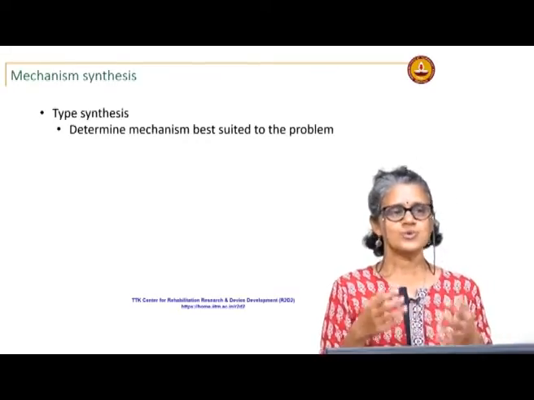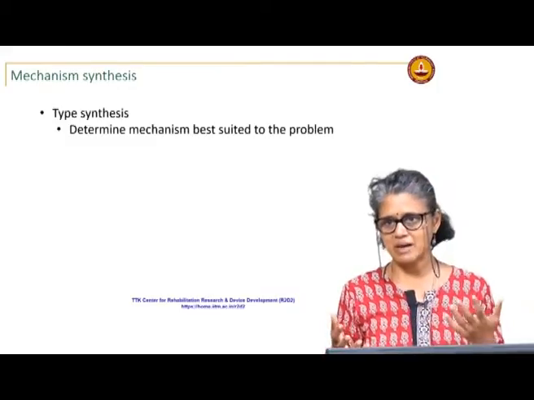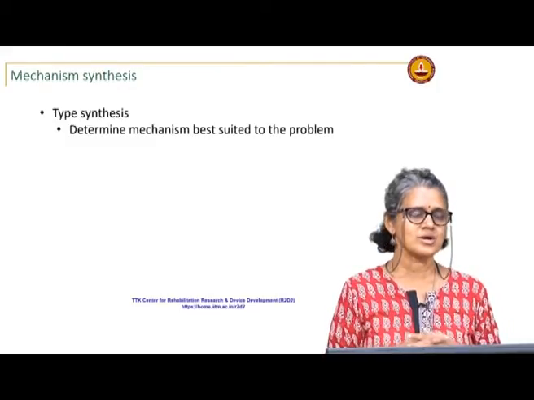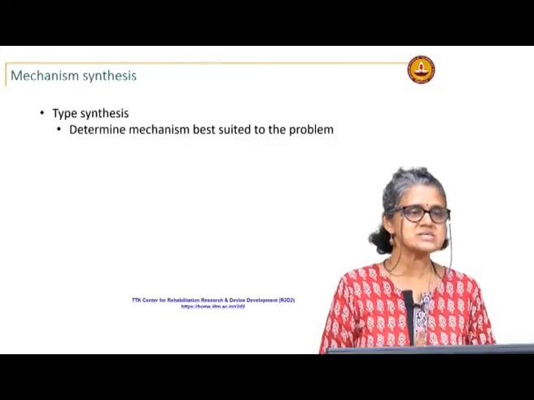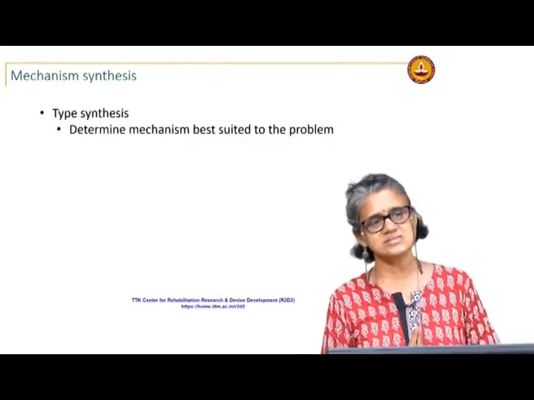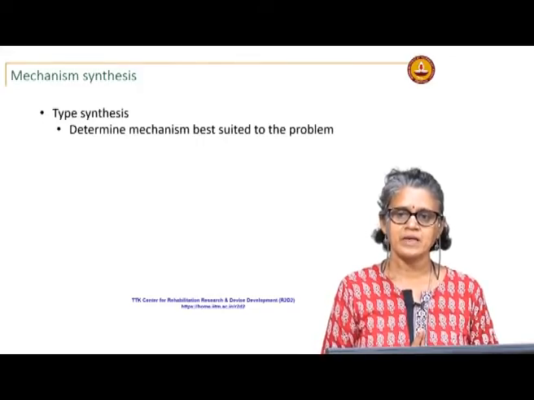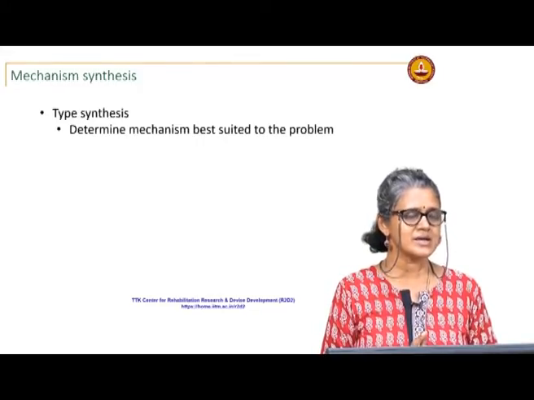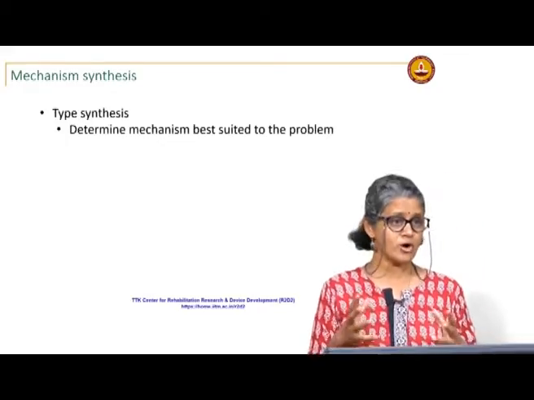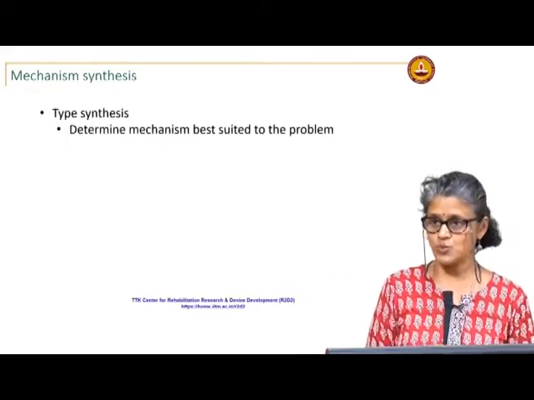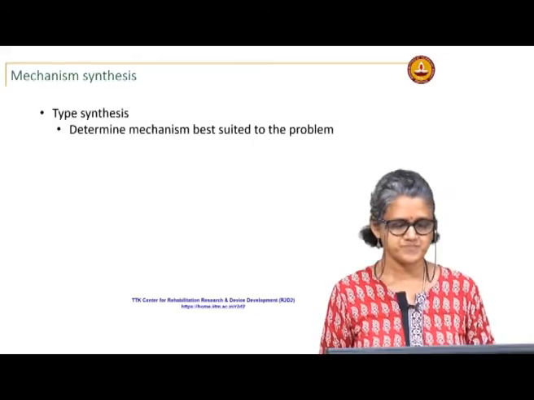So, you would have seen similar applications, or what you would do at that point is basically research similar applications, see what kinds of mechanisms are used for that, and then try to narrow down to the type of mechanism you want to use for the application.